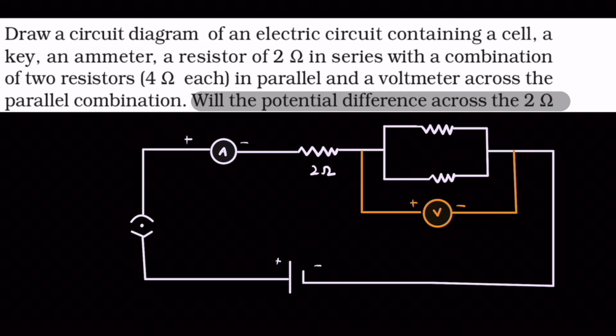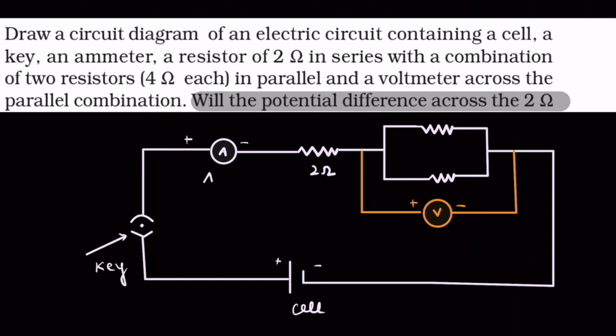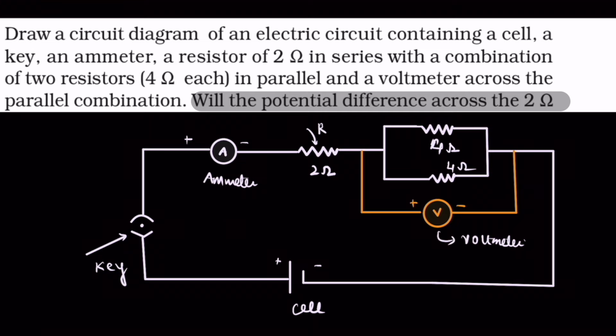So this is the diagram of the given question. Here is the key, cell, ammeter. These are all resistors. I hope you understood everything till here.